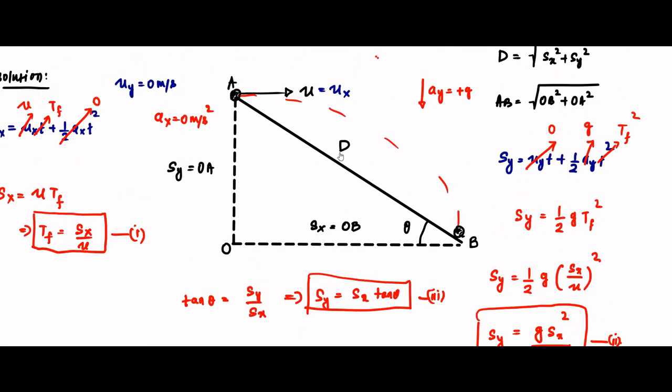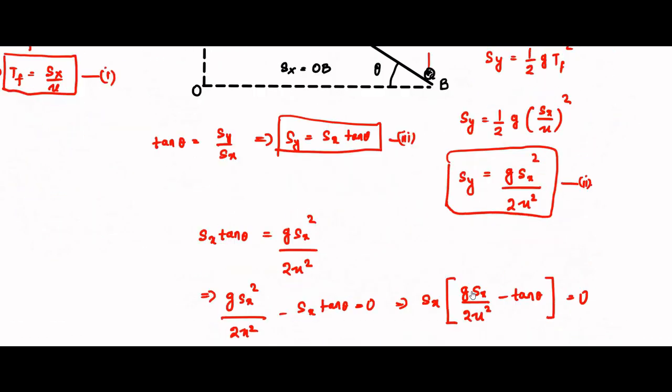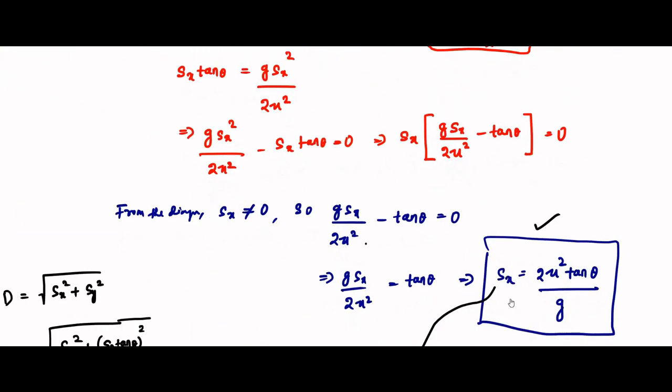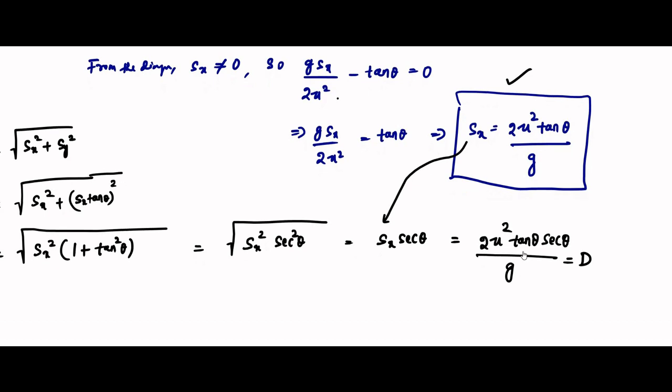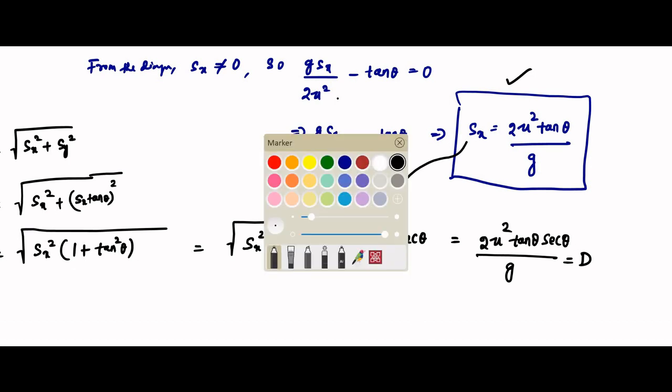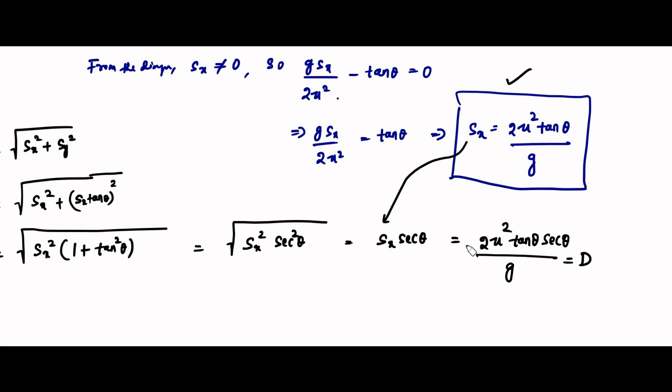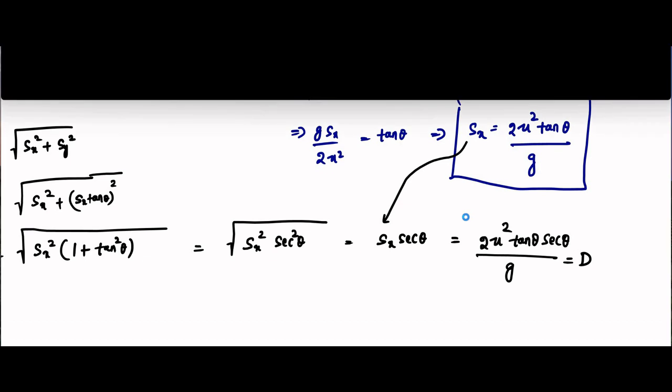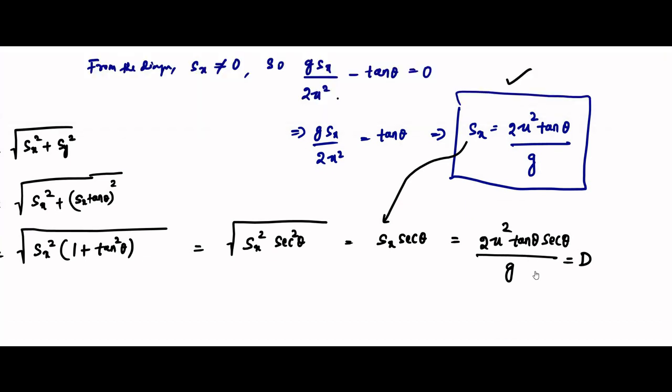This d, the AB distance, is equal to 2u square tan theta sec theta by g. It is a bit complicated, with a lot of steps and terms that we have equated, so you can pause the video whenever you are confused and watch it again.